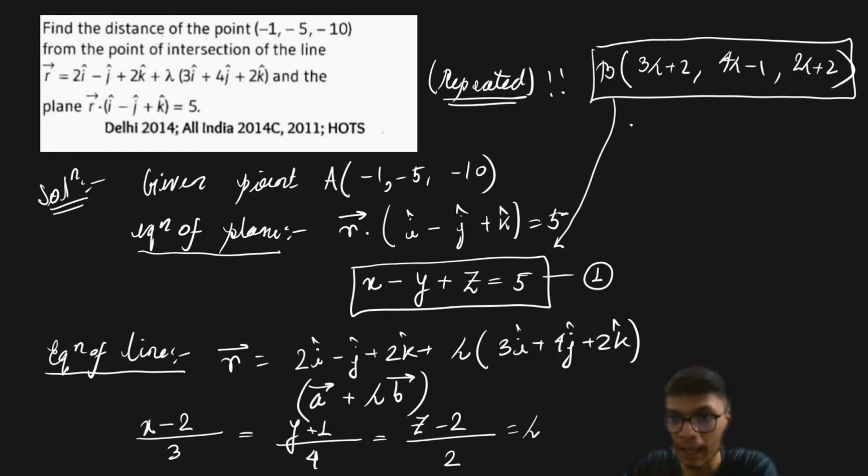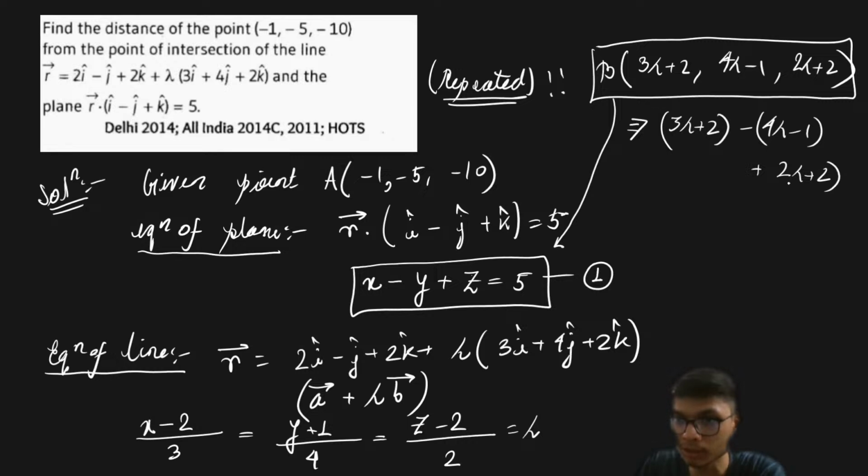So I will substitute this point into the equation of the given plane. From here I will get 3 lambda plus 2 minus (4 lambda minus 1) plus (2 lambda plus 2) is equal to 5, right? So I will solve and get the value of lambda. Quickly solve this and tell me what value of lambda you are getting.